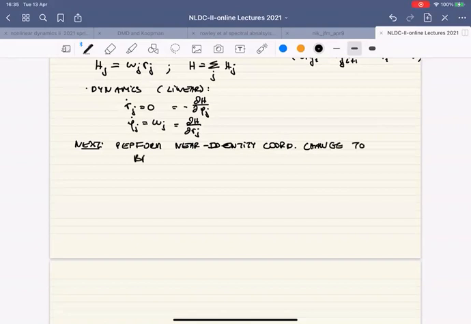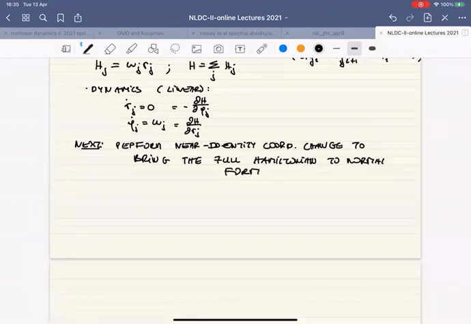To bring now the full, because this was the linearized. So basically what you would work with is that you would have these coordinates phi and r, and you change to say phi tilde and r tilde, which are very close to this one.